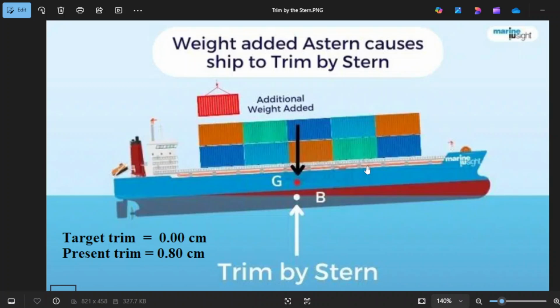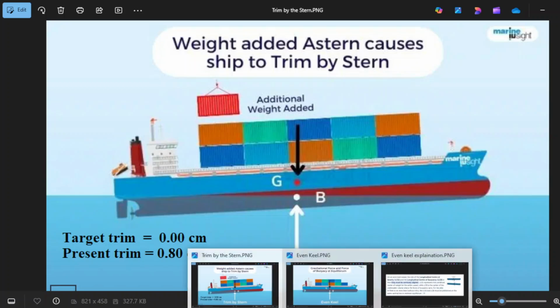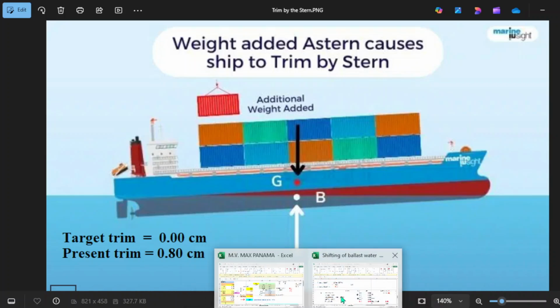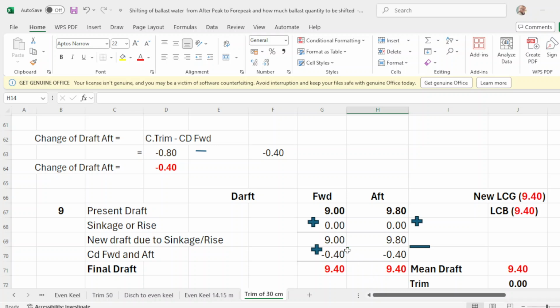That's why there is no rise and sinkage. How can it be rise when you are only shifting the ballast? It can never be sinkage because you're only shifting the ballast to a different tank. And then proceed. That's why it's 0.